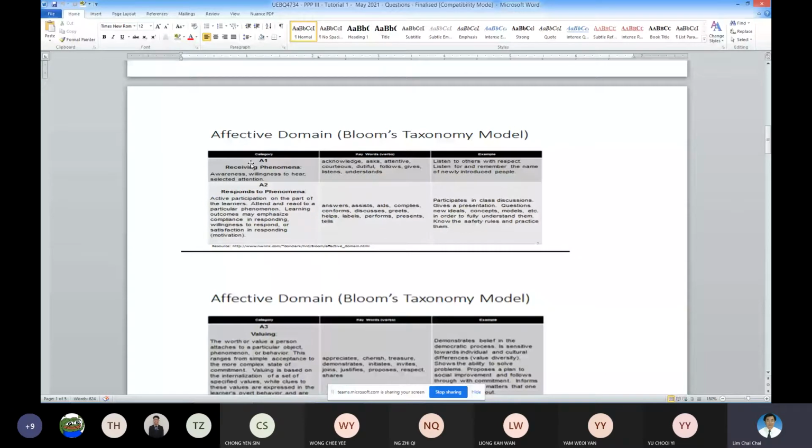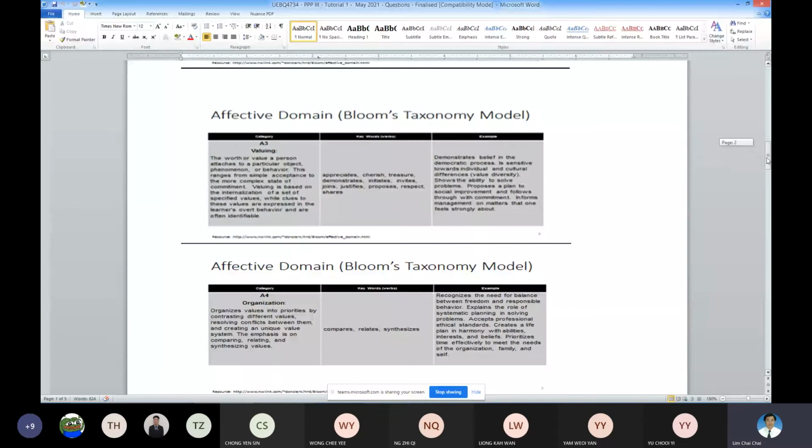For example, A1 is receiving phenomena. A2 is responding to phenomena. A3 is valuing. You can see the level is getting higher and higher. Then A4 is organization of things, how you feel.